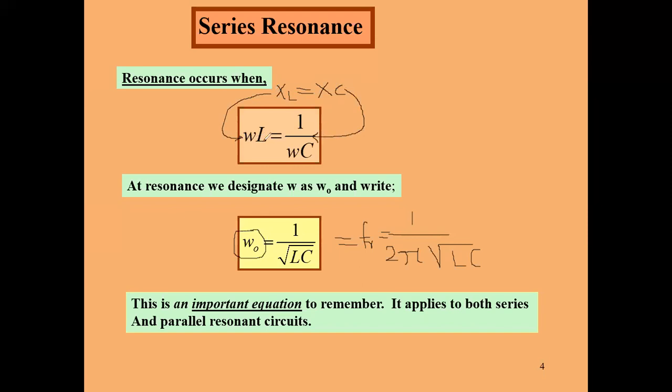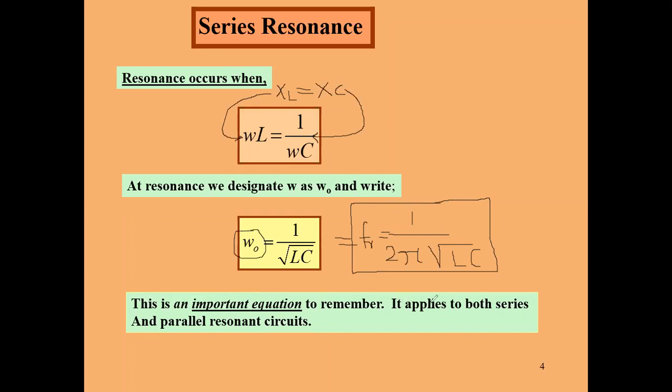So here omega L is equal to 1 by omega C, and when we solve this we obtain omega square is equal to 1 by LC. When we resolve that equation we obtain the resonant frequency, and the formula for that resonant frequency FR is equal to 1 divided by 2 pi root LC, and this is an important equation to remember.